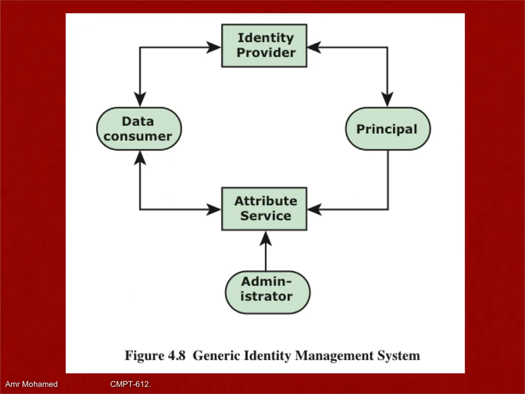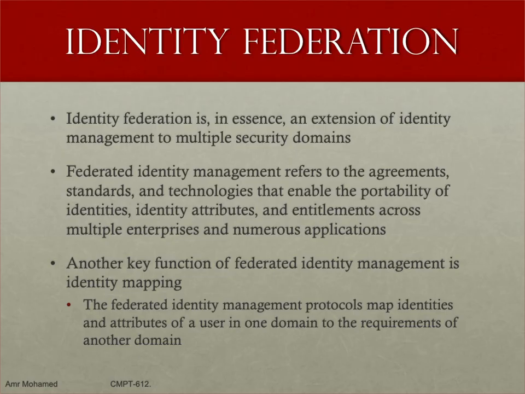So your role can be mapped. That's another form of identity federation, which maps exactly to this model. So identity federation is in a sense an extension of identity management to multiple security domains. You have multiple security domains, and your identity can be exchanged or mapped from one domain to another.